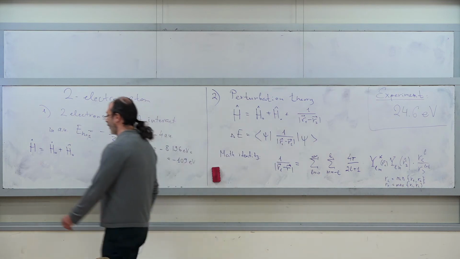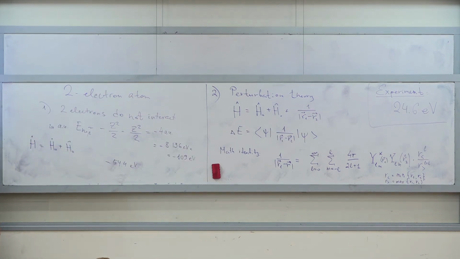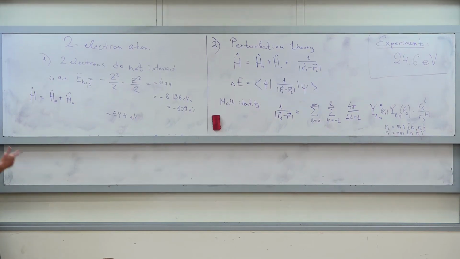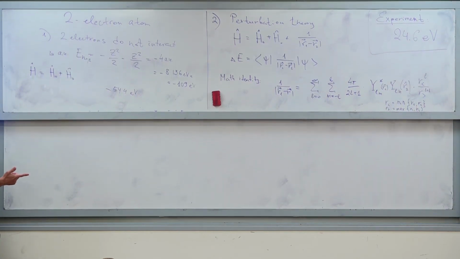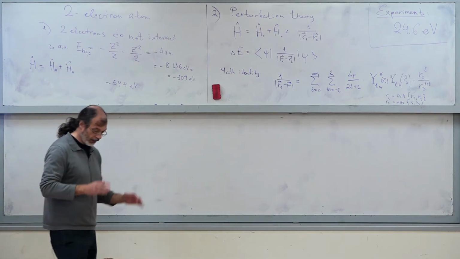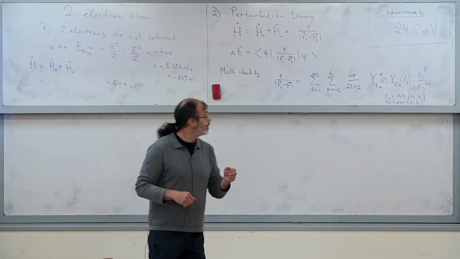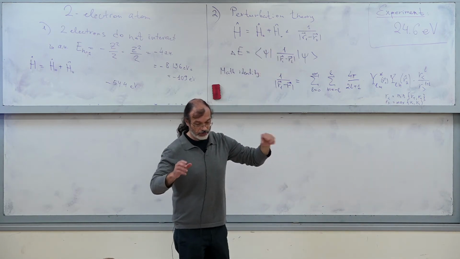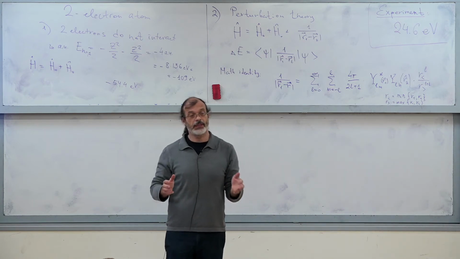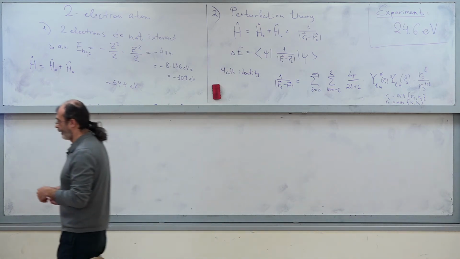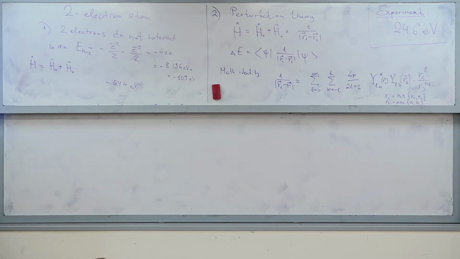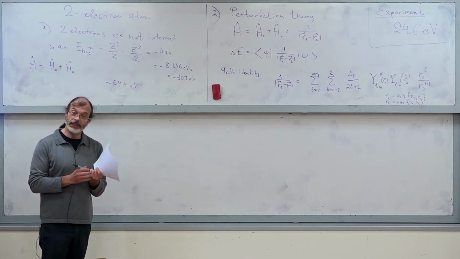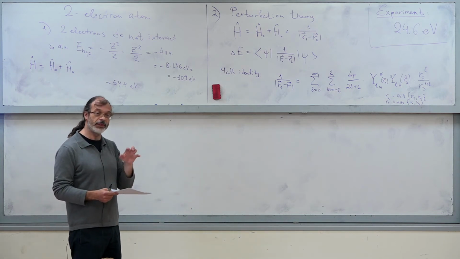The spin part should give us the antisymmetrization, while the spatial part will be symmetric. So we know that this wave function is the solution of this H0, a ground state hydrogenic wave function. But we also know that the spin part of this wave function should be antisymmetric, in order to keep the whole wave function antisymmetric.